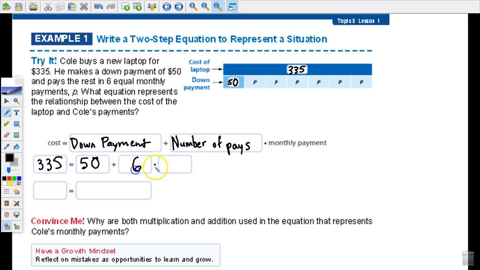So 6 times P. So let's just fill it in all together. 335 equals 50 plus 6P. That's all it is. That is literally all it is. Okay? Not very hard whatsoever. And that is my answer. Check mark.